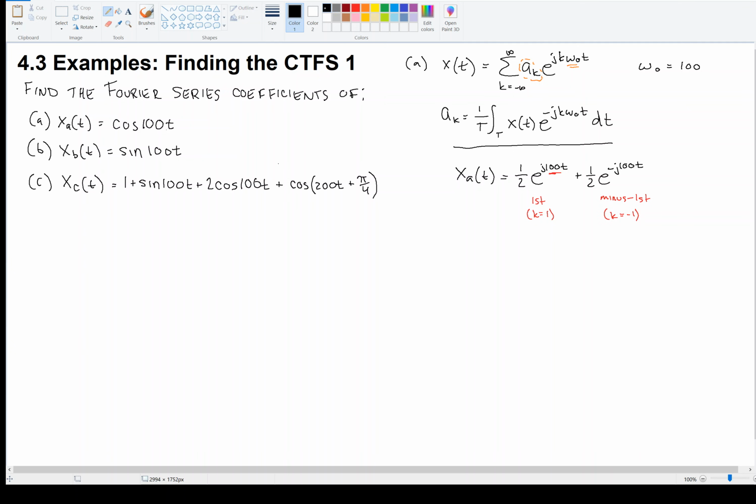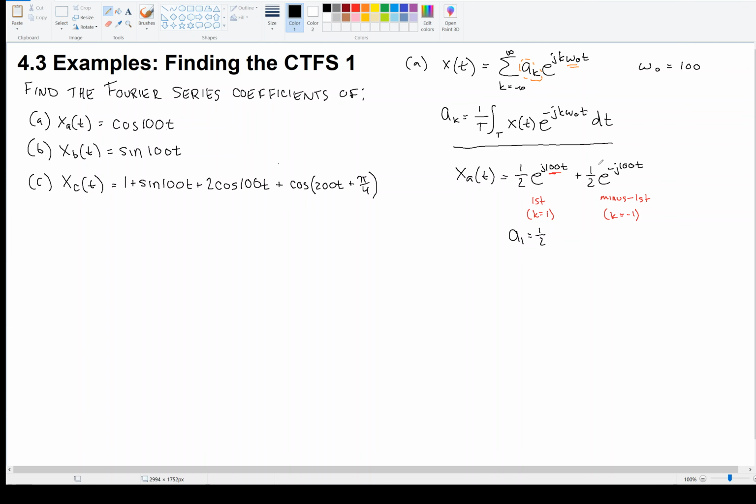All right, so just by inspection, I see that A1 is equal to 1/2. Why is that? Because by definition, A1 is the thing that's multiplying the first harmonic. So the thing that's multiplying the first harmonic is 1/2.